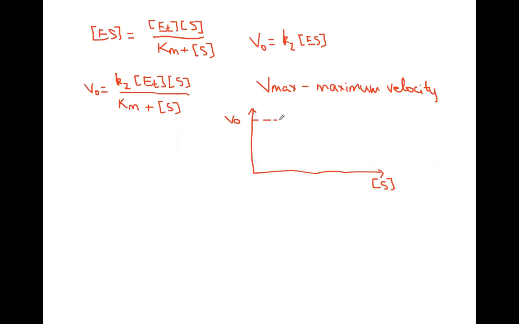There is a point of what's known as saturation, the maximum velocity. As you start the reaction, the rate goes up as you increase the amount of substrate, but then it doesn't matter if you increase the substrate concentration or not, you cannot increase the reaction rate anymore because you have saturated the enzyme.